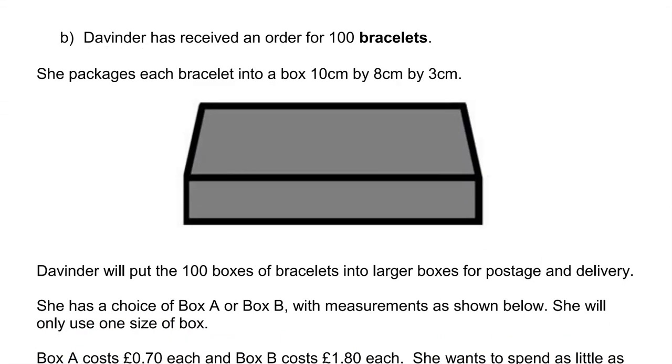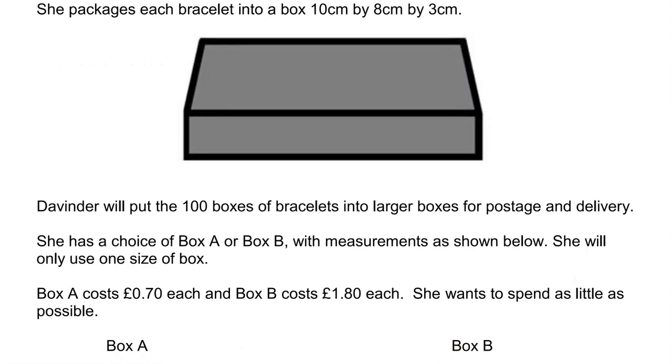Davinder has received an order for 100 bracelets. She packages each bracelet into a box 10 centimeters by 8 centimeters by 3 centimeters. Davinder will put the 100 boxes of bracelets into larger boxes for postage and delivery. She has the choice of box A or box B with measurements as shown below. She will only use one size of box.